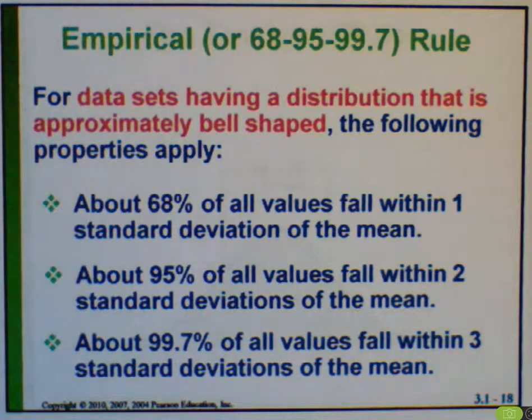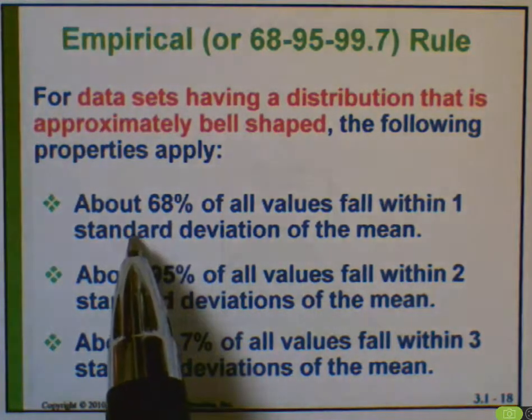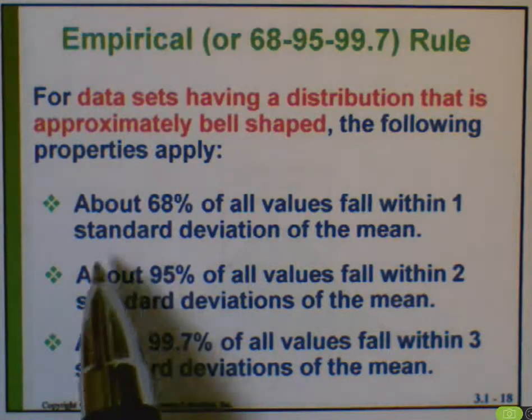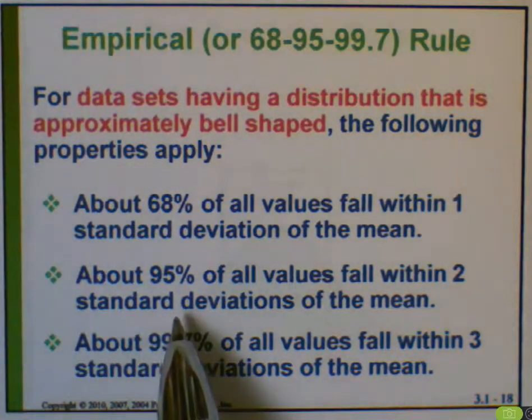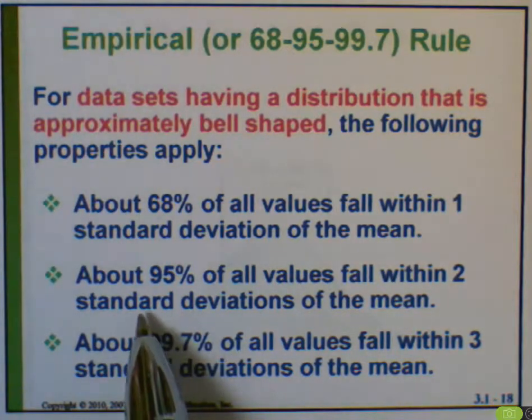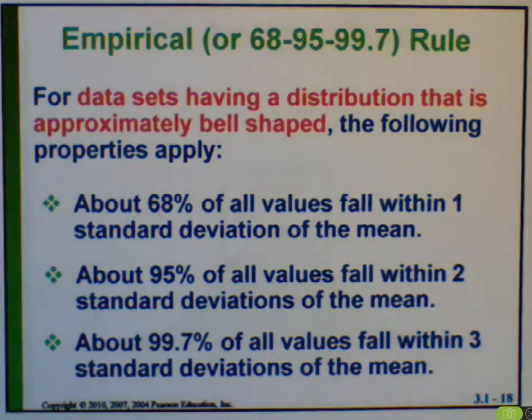For data that is normal or bell-shaped, about 68% of values fall within 1 standard deviation of the mean. The second part of the empirical rule just states the same thing the range rule of thumb did. About 95% of all values fall within 2 standard deviations of the mean, and about 99.7% of all values fall within 3 standard deviations of the mean.